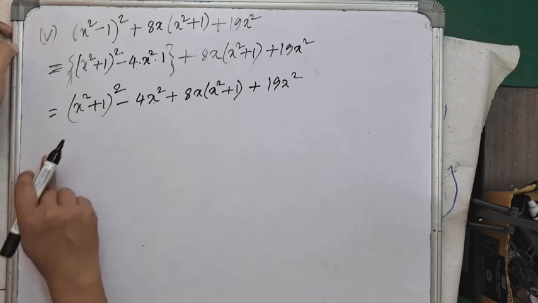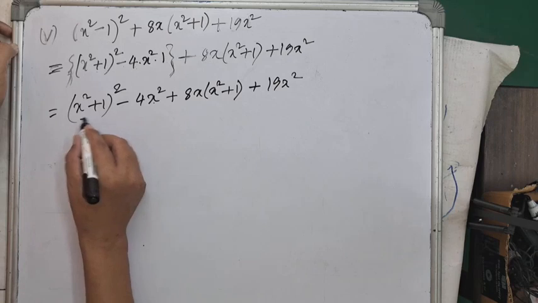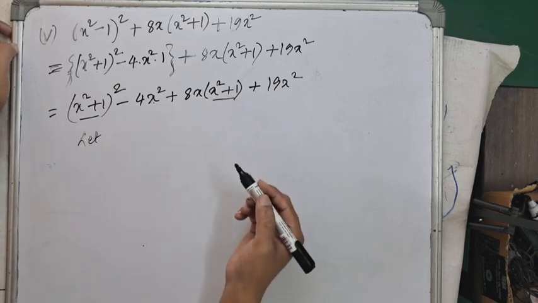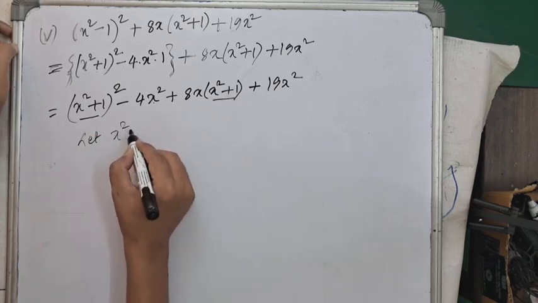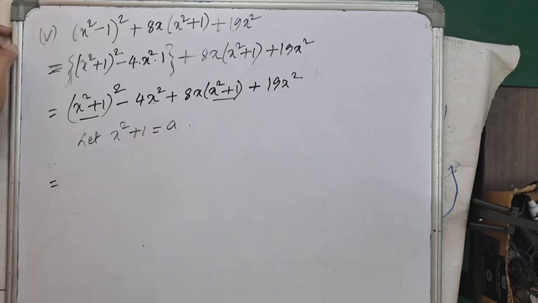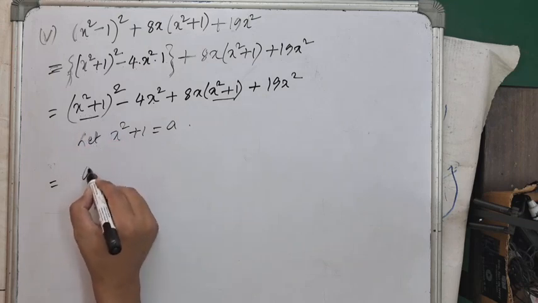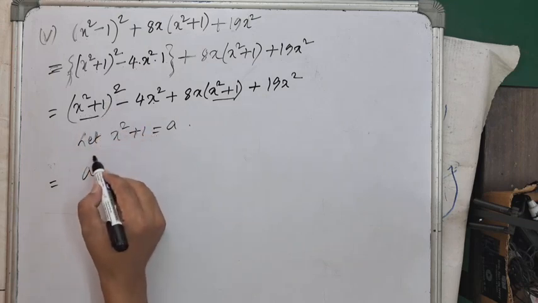Okay, now let us suppose x square plus 1 as a. Here also we have x square plus 1, here also we have x square plus 1. Let x square plus 1 equal to a, okay? So this x square plus 1 is a squared, we have a square here.